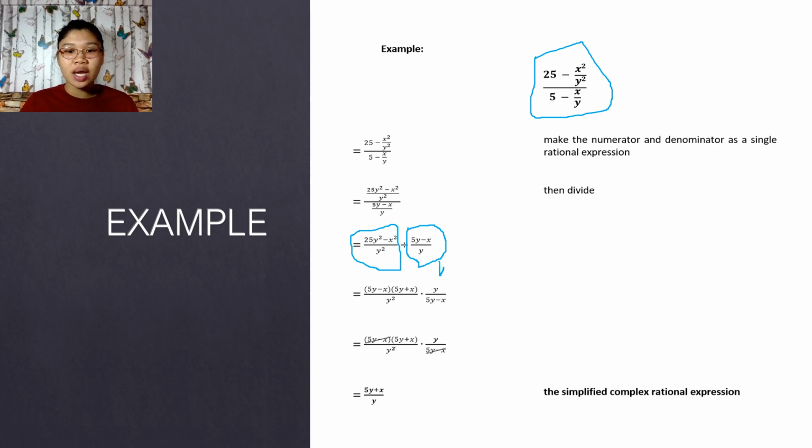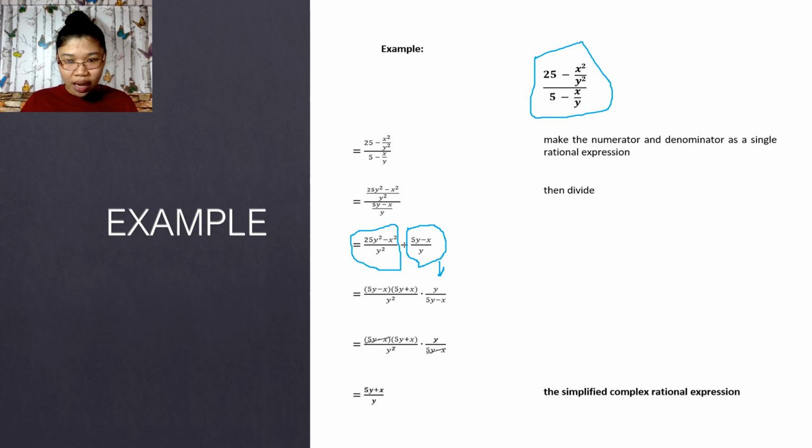So we have y over 5y minus x, and then proceed to multiplication. In multiplication, you may first think of factoring your numerator and denominator completely so that we can cancel all possible terms, arriving at the lowest term, or the simplest form of our final answer.